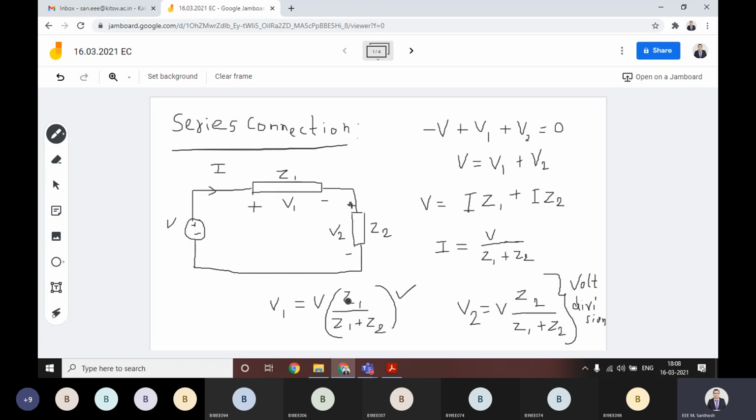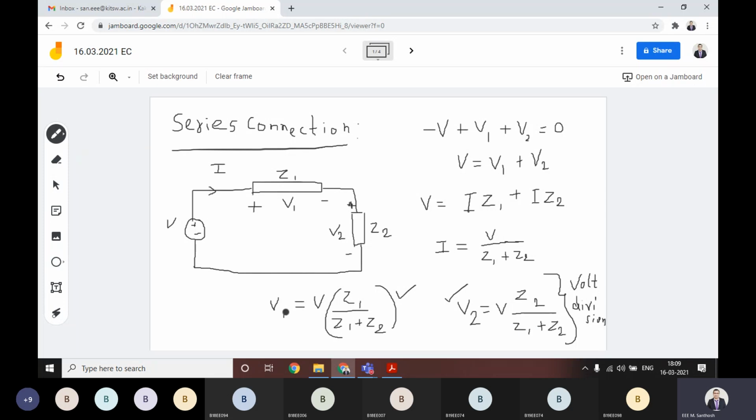Here in case of Z1 you have R1. Here in case of Z2 you have R2. For that reason simply you will get this kind of relation. VR1 is equal to V into R1 by R1 plus R2. VR2, if you are calculating, V into R2 by R1 plus R2.